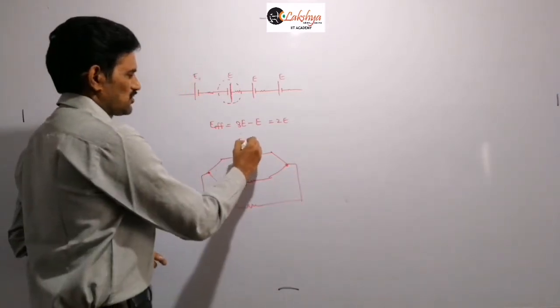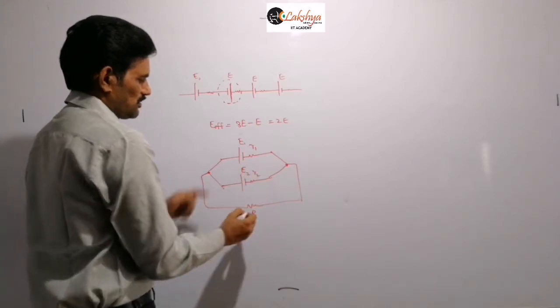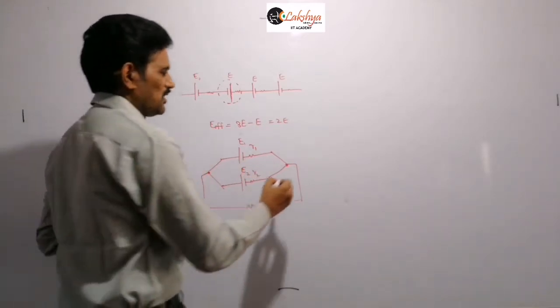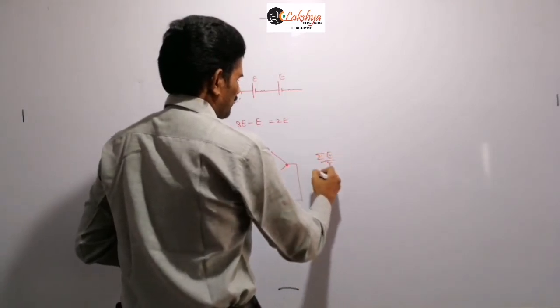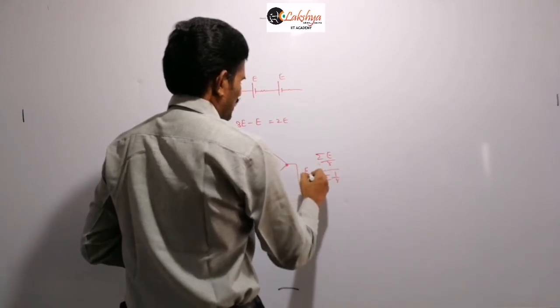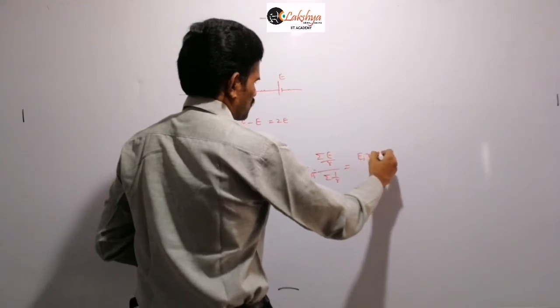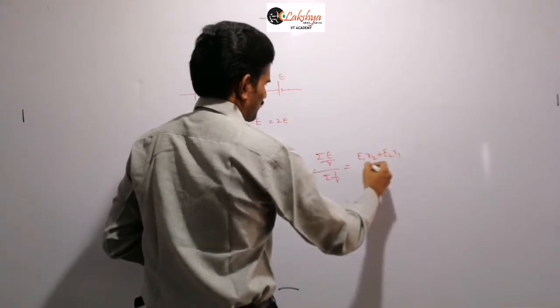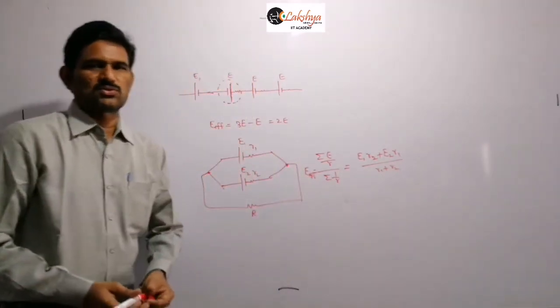And so this is said to be our parallel combination of the cells. That means these two cells are said to be in parallel. In this we wrote the effective EMF as sigma E by R divided by sigma 1 by R. So this is our E effective here. Or for two cells you can write E1 R2 plus E2 R1 by R1 plus R2. That is the effective EMF in case of two cells.